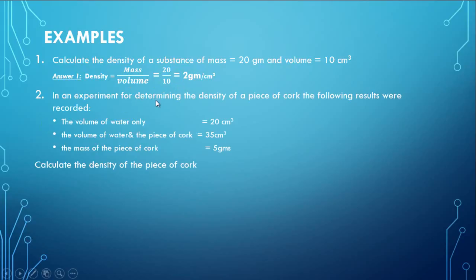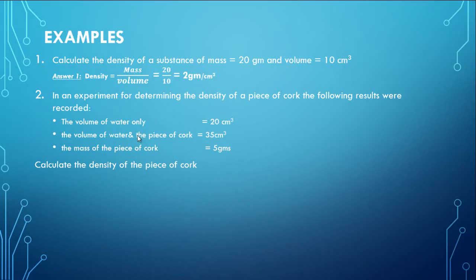In an experiment for determining the density of a piece of cork, as we all know that cork floats, so we will have two volumes in this problem. The volume of water only, which is V1 equals 20, while the volume of water and the piece of cork equals 35 cubic centimeters. This is called V2.